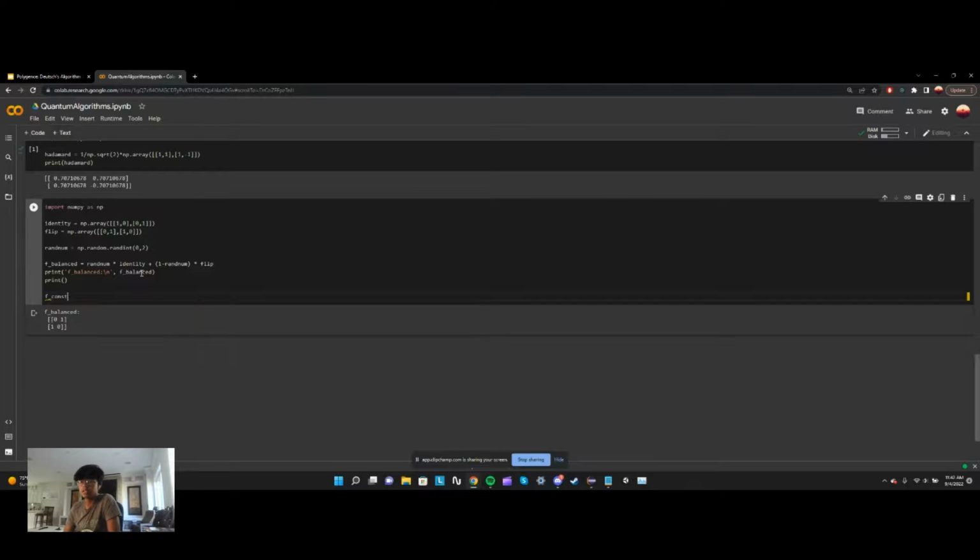So f_constant is equal to the random number times np.array. And then again, this is just going to be another two-dimensional array.